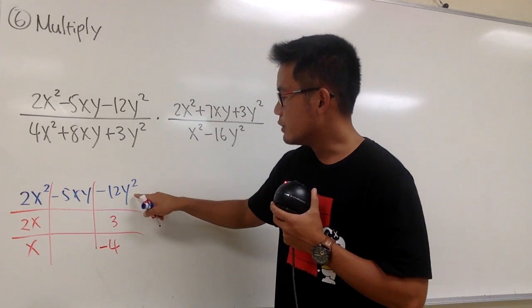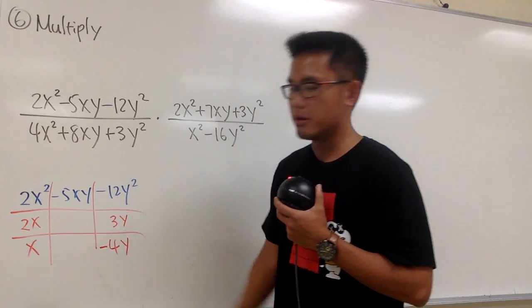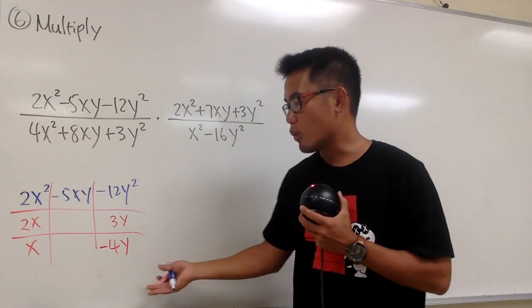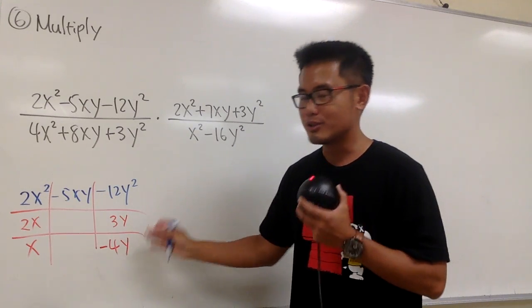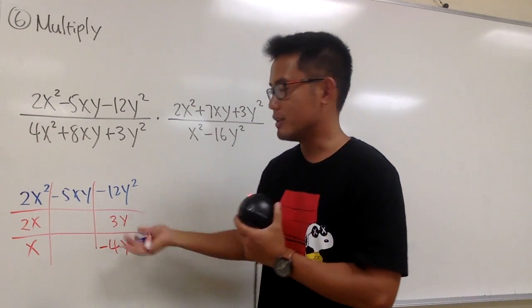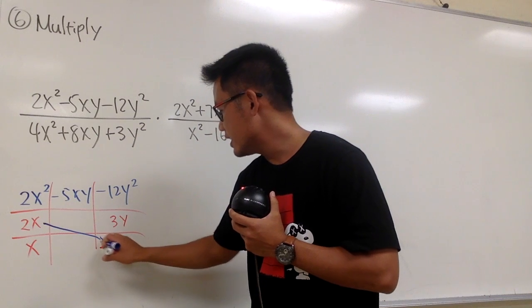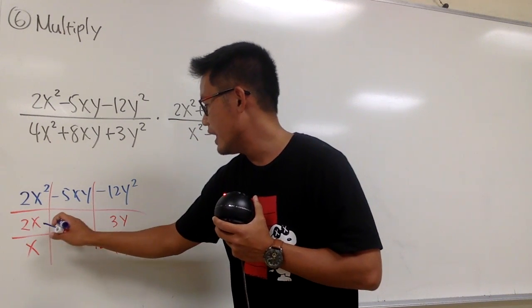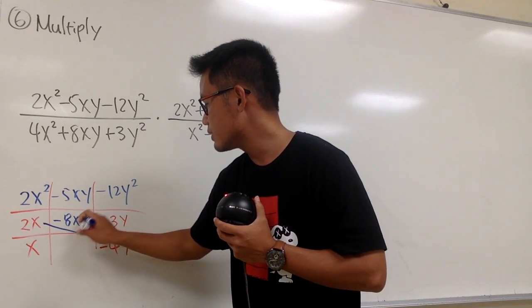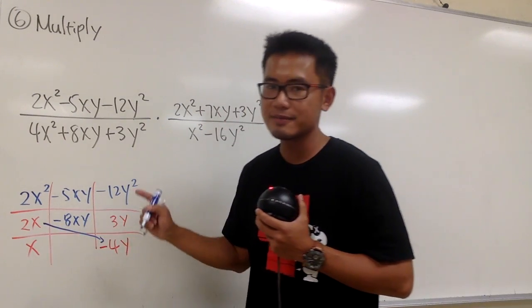Also be careful. You see, this is y squared, so we must have the y and y right here. This is one of the reasons why I like the tic-tac-toe method so much better than the others, because you can make sure if you're doing this right or wrong along the way. Check this out. 2x times -4y will be -8xy, right? 2 times -4 is -8, and then the x times y, like that.